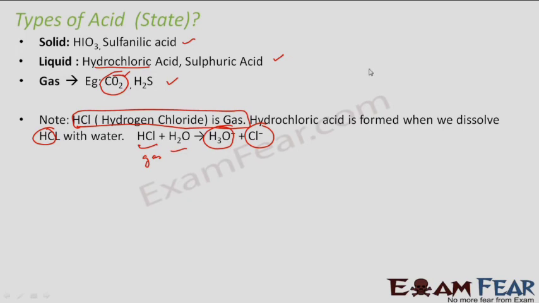We generally call HCl hydrochloric acid, but HCl is nothing but hydrogen chloride and it is a gas. To make hydrochloric acid, we pass this gas through water, and we get hydrochloric acid. Correct? So hydrochloric acid is liquid, but hydrogen chloride is gas, and hydrochloric acid is formed using hydrogen chloride.